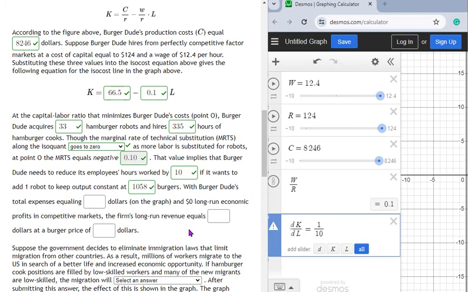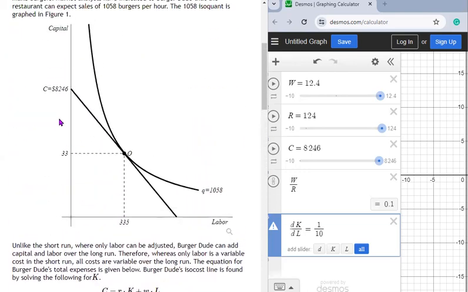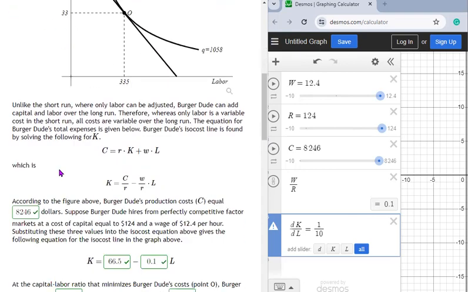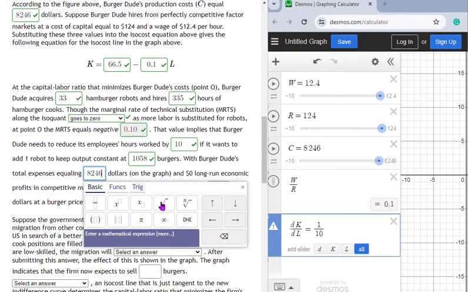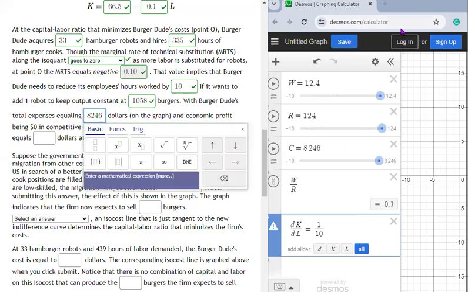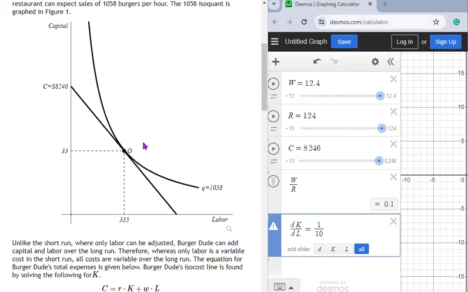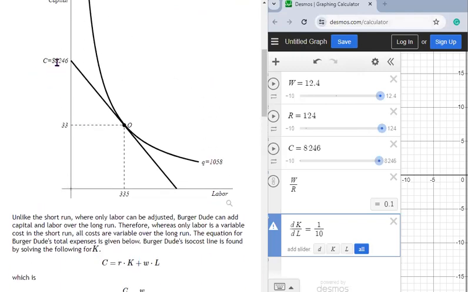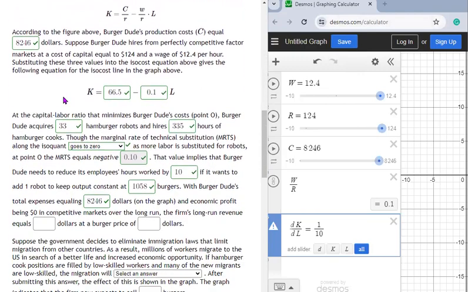Now, with Burger Dude's total expenses equaling $8,246, and zero long-run economic profits being possible in the long run, so it cost her $8,246 at the cost minimizing level of capital and labor.